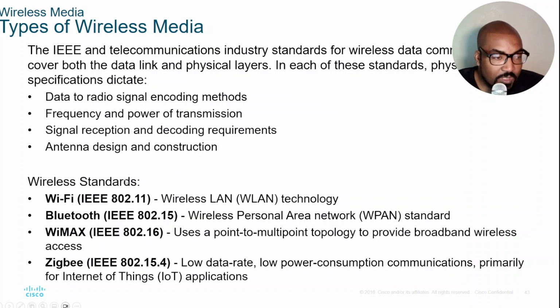This is a big one. Wi-Fi is 802.11. That is the standard that gives you Wi-Fi. Bluetooth uses 802.15, wireless personal area networks; WiMAX is IEEE 802.16; and then Zigbee is 802.15.4, low data rate, low power consumption communications.